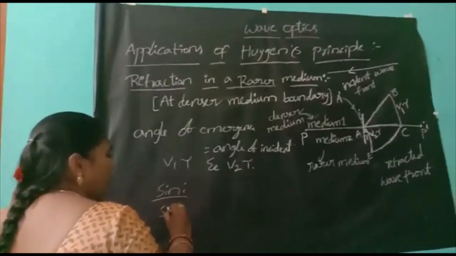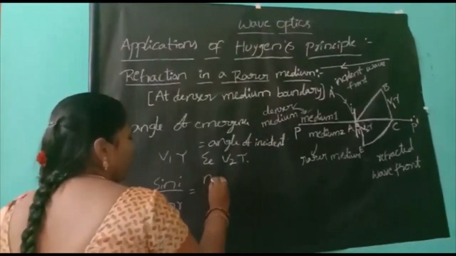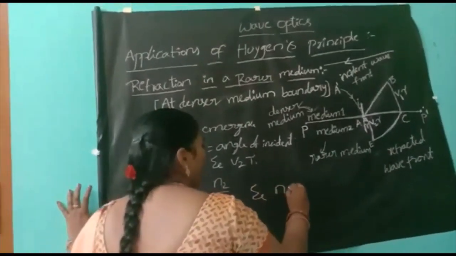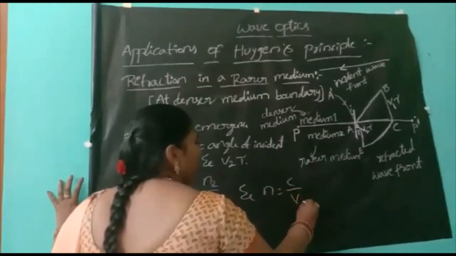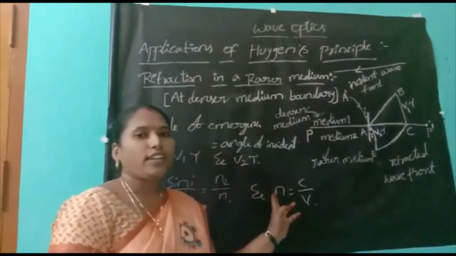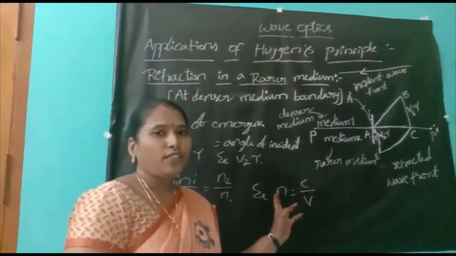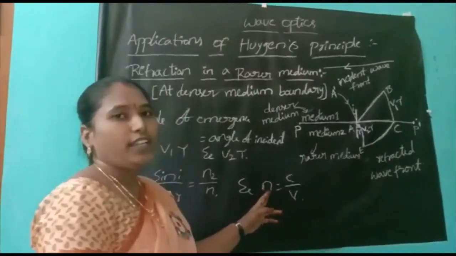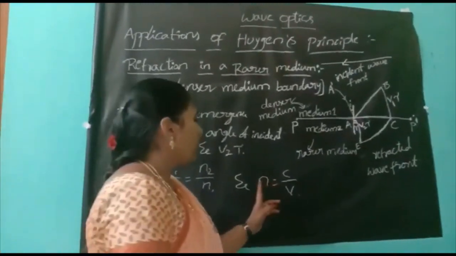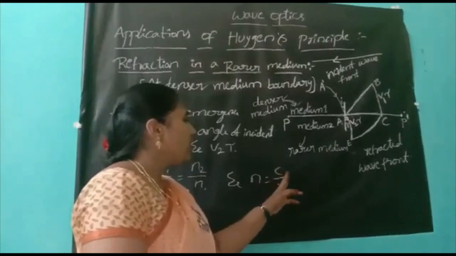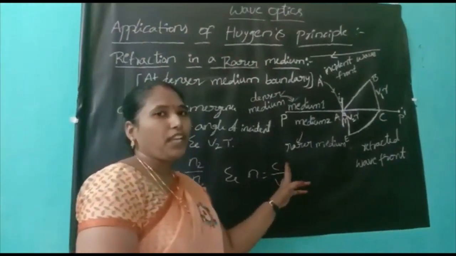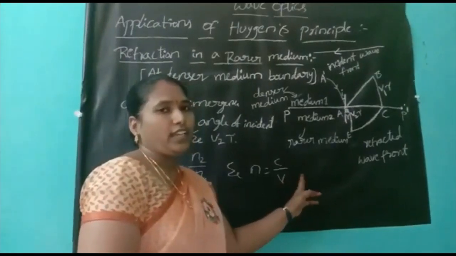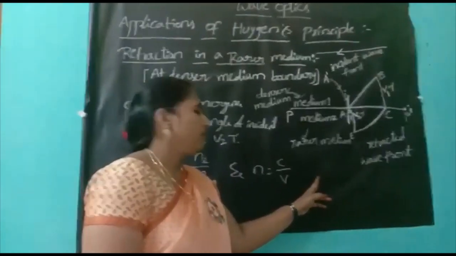We know that sin I by sin r is equal to n2 by n1, and n is equal to c by v. Refractive index n is equal to speed of light in air or vacuum by speed of light in given medium.